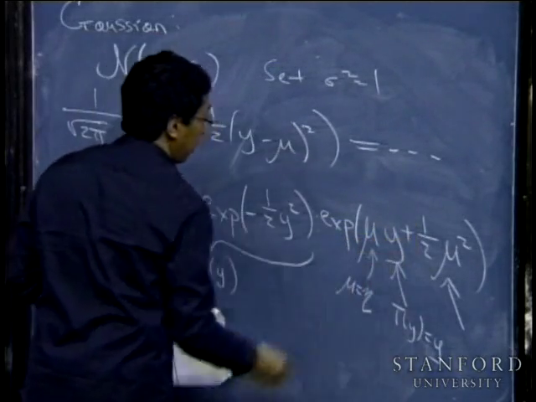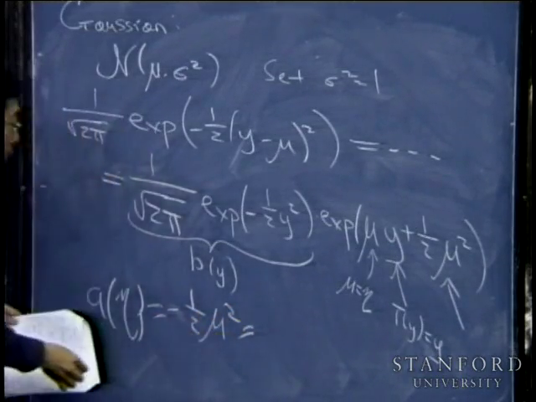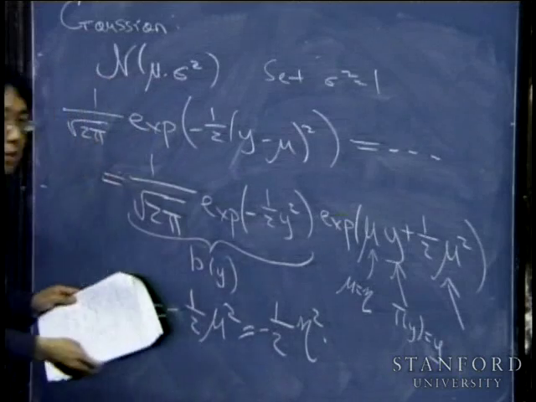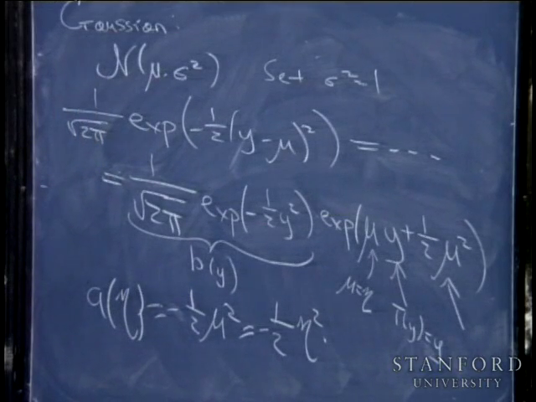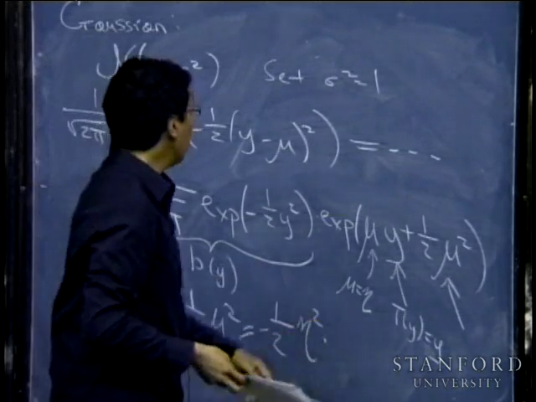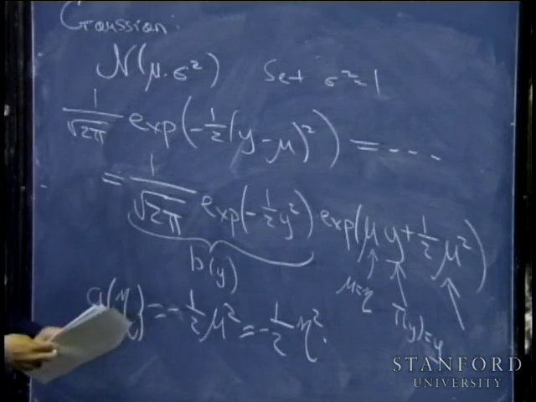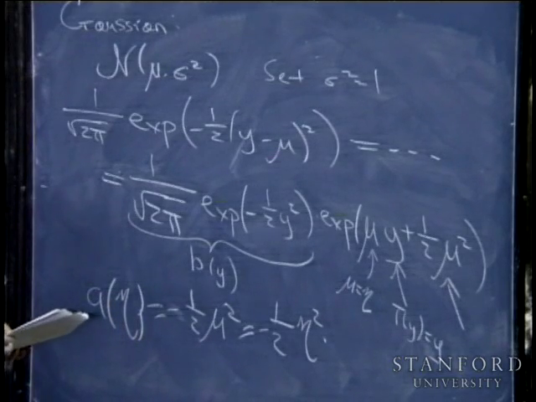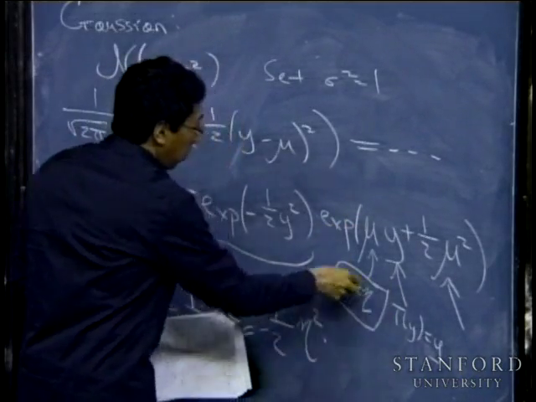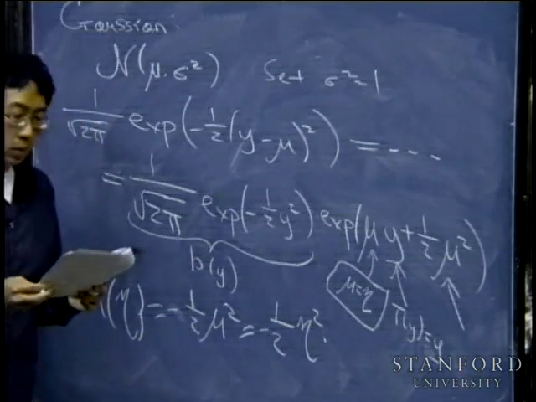Let's see, excuse me, plus sign there. Okay, should be minus 1/2 mu squared. And because mu is equal to eta, this is just minus 1/2 eta squared. Okay? And so this would be a specific choice again of a, b, and T that expresses the Gaussian density in the form of an exponential family distribution. And in this case, the relationship between mu and eta is that mu is just equal to eta. So the mean of the Gaussian is just equal to the natural parameter of the exponential family distribution.